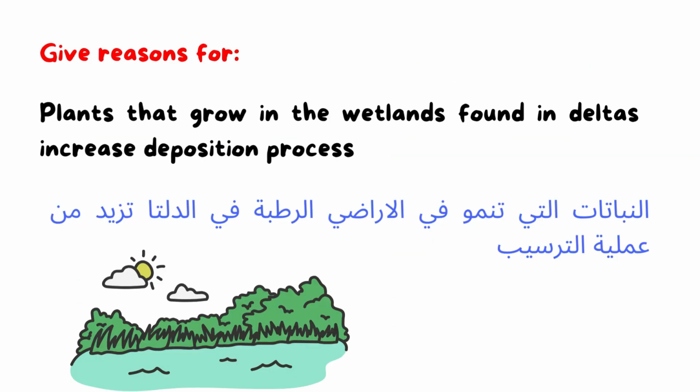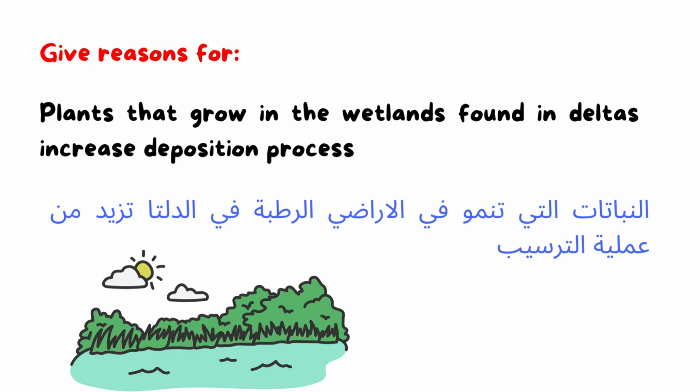We have a question: give reasons why plants that grow in the wetlands found in deltas increase the deposition process. How do these plants found in deltas increase the deposition process, as more and more sediments settle in this area?